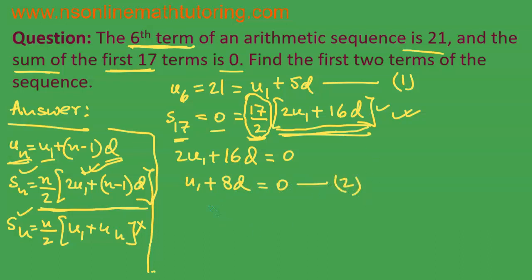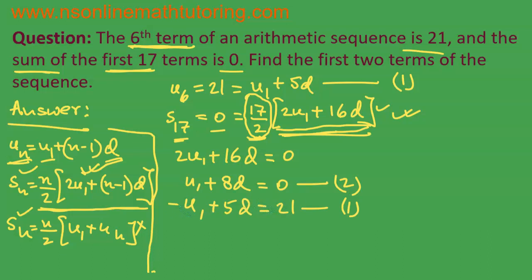And I bring down equation number 1 over here. I write u1 plus 5d is equal to 21. Okay. And we are having two simultaneous linear equations in two variables. Therefore, we should be able to find the numerical values of u1 and d. I'll be using the elimination method.